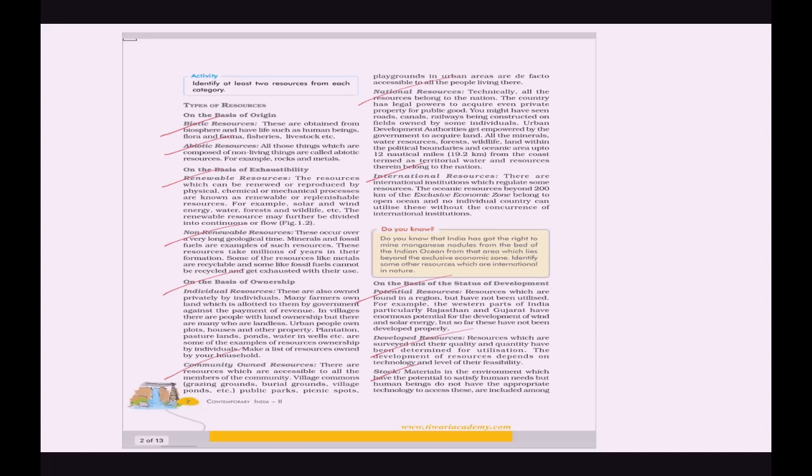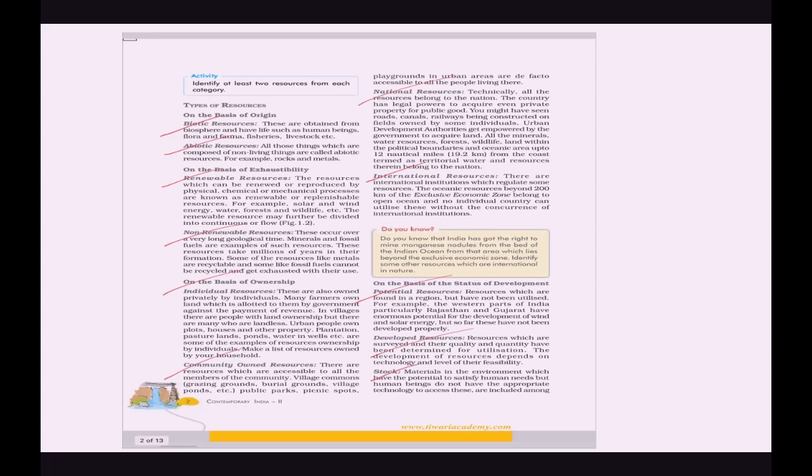Next is national resources. If we are talking particularly about India, it means the resources of India. The resources which come under the nation are known as national resources. Technically all the resources belong to the nation. For example, the resources which are available in the ocean, up to 19.2 kilometers from the coast, means from where the land ends and the ocean starts, that 19.2 kilometers of ocean belongs to the nation.